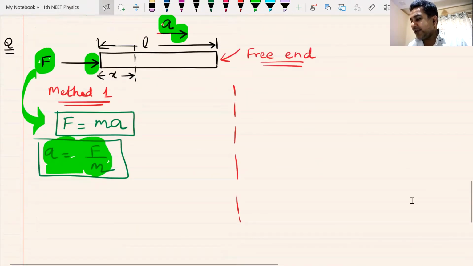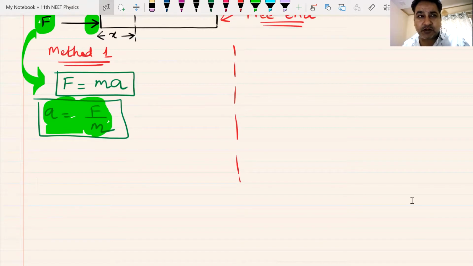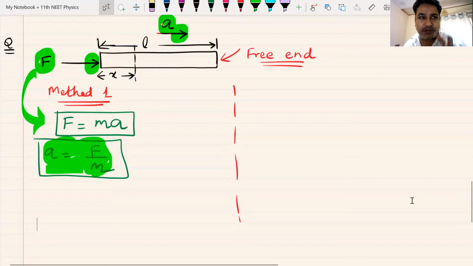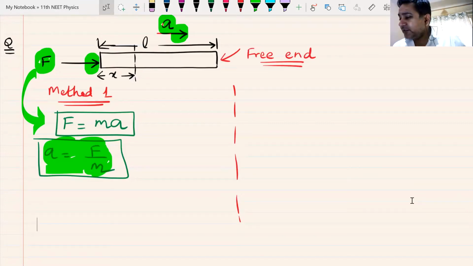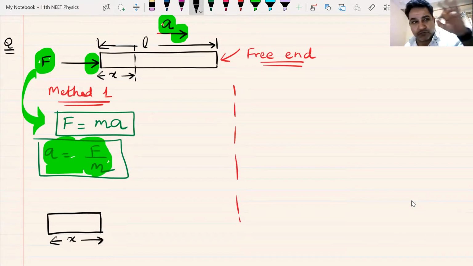Now, once I get the acceleration of this block, I can do this in again two different ways. Let me draw the free body diagram of this X length. Now, what is happening on this X length?